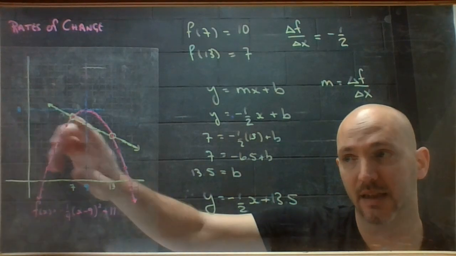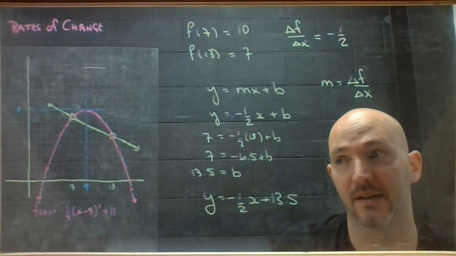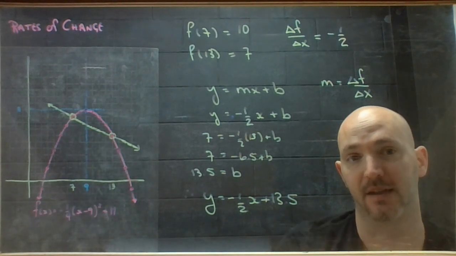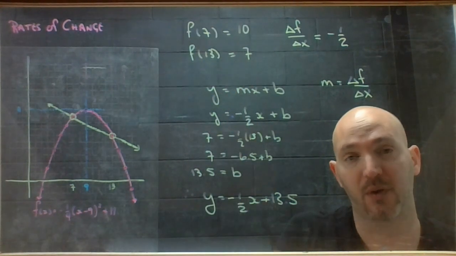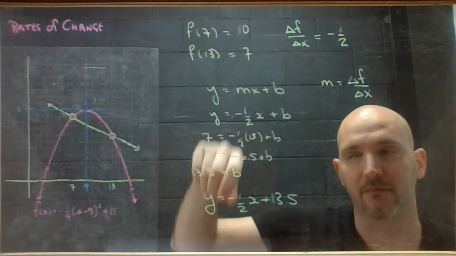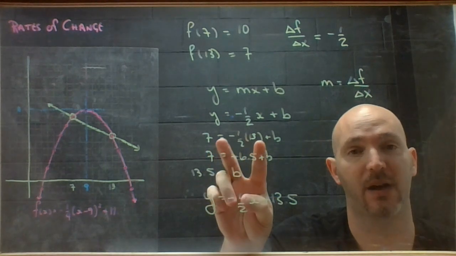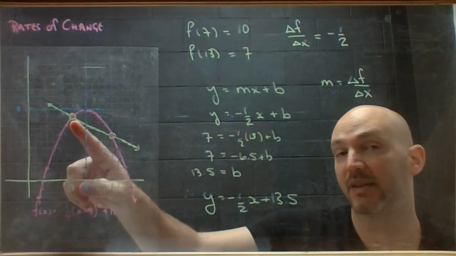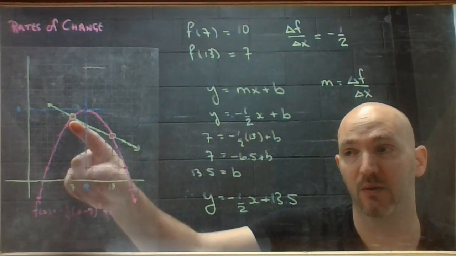So as long as they line up that way, no matter which x-y pair you choose on that secant, you're going to get the same equation. So you have to go through that process, the rise over run process, to get your slope. And then once you have your slope, you're free to put in any xy pair. This one is convenient because you already calculated it while trying to get the slope.